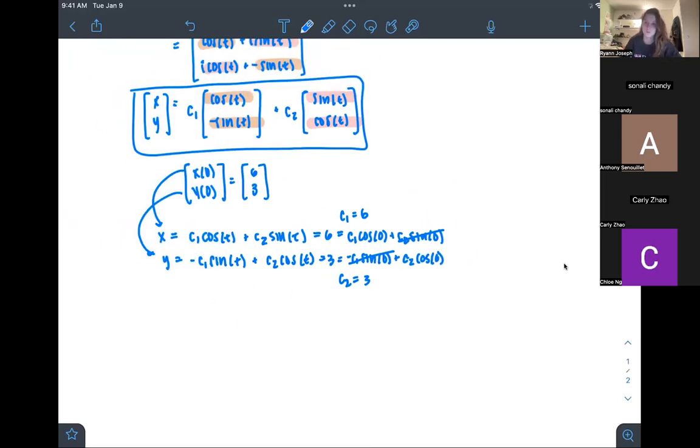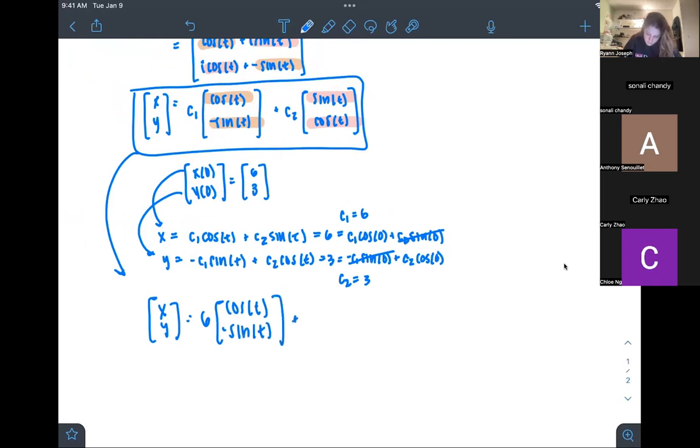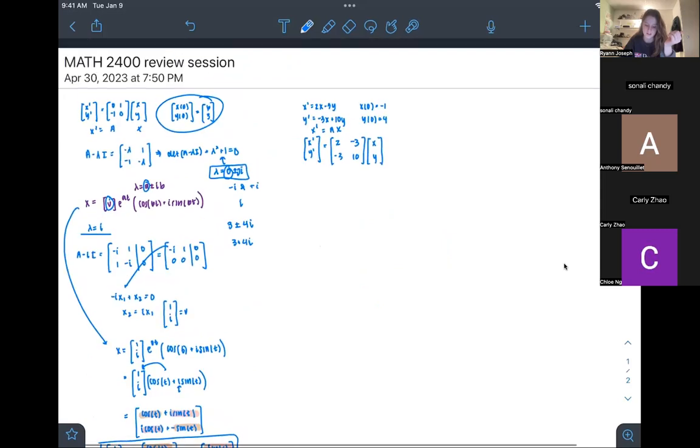This is a pretty straightforward initial value problem, and then your solution would just be plugging these in. Cosine t. So that's how you would do it for a system. Sometimes not that easy, but that's the premise behind it.